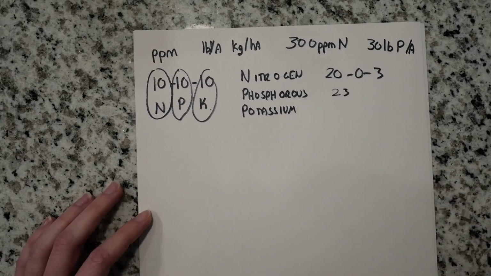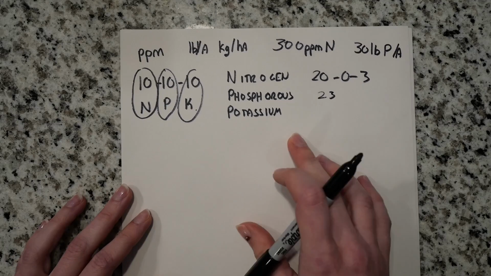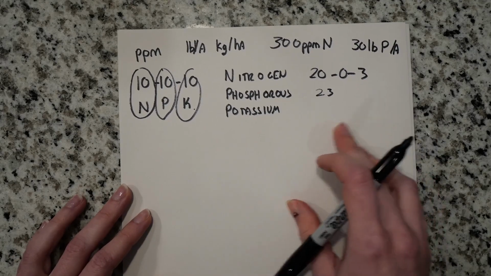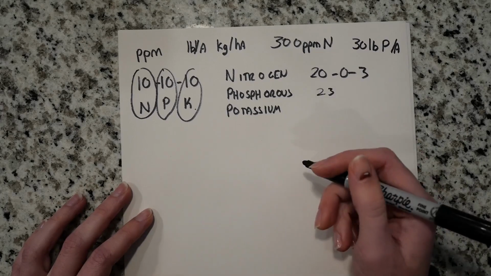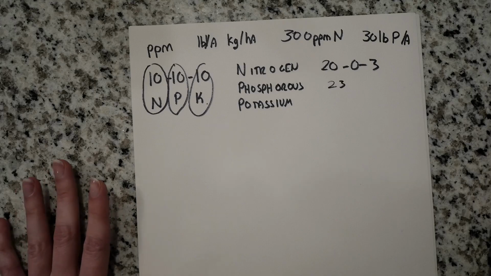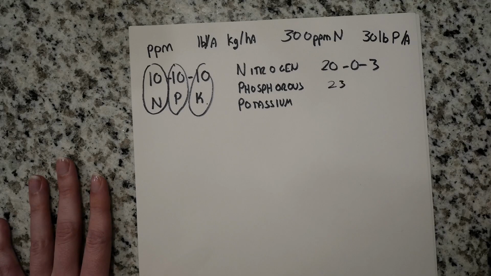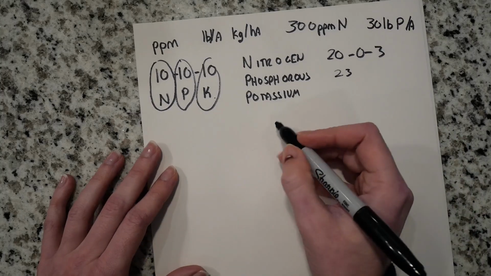However, the terrible and convoluted thing about these percentages is that they're not actually nitrogen, phosphorus, potassium. I know we call them NPK, but it's actually not the case at all. So someone decided a long time ago that they would report these percentages differently than NPK.